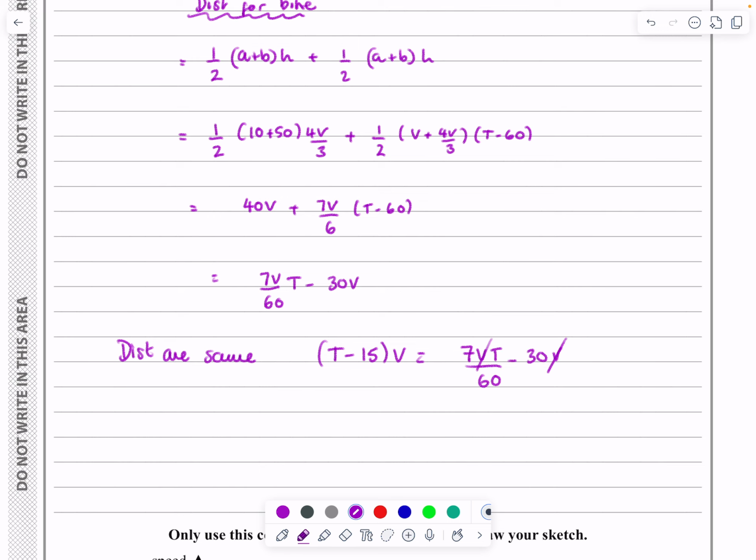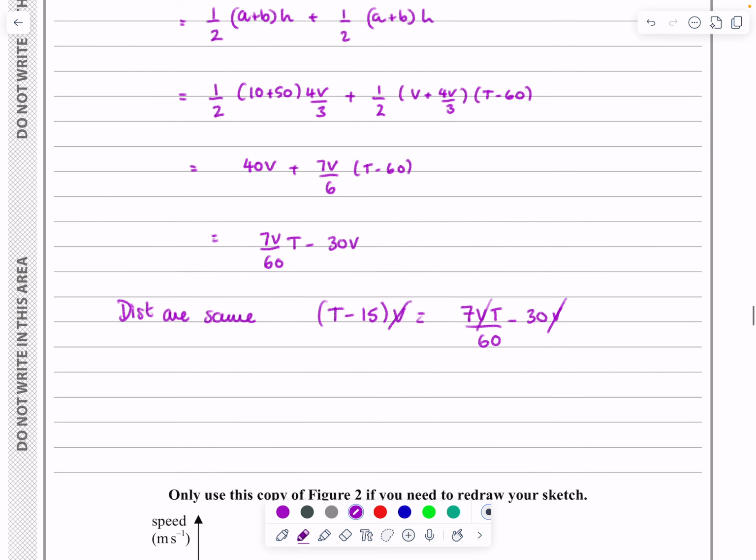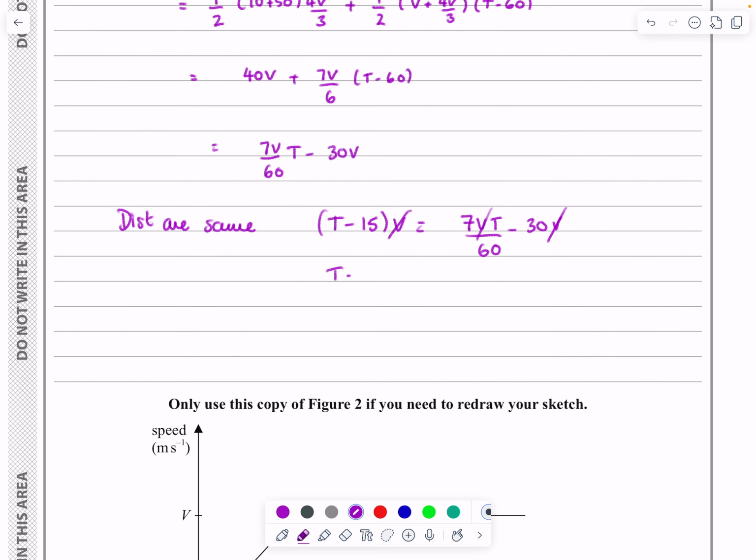Well, we can cancel all the v's out of that. I'm going to get that t minus 15 is equal to 70 over 6 minus 30. Apologies, that should be 6 there, 6 there.